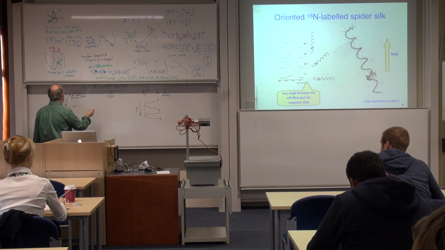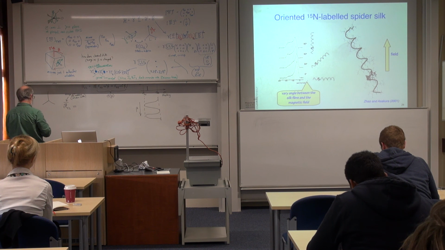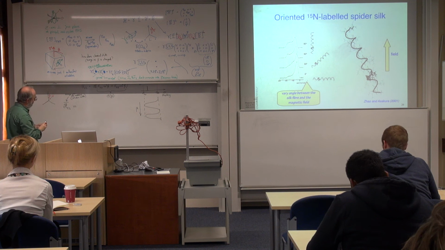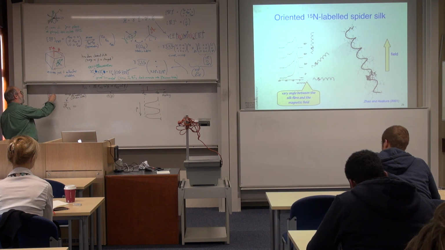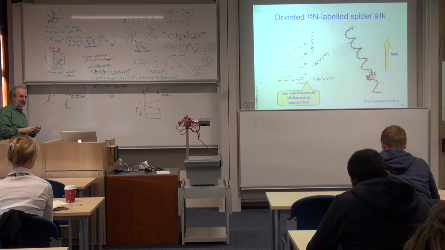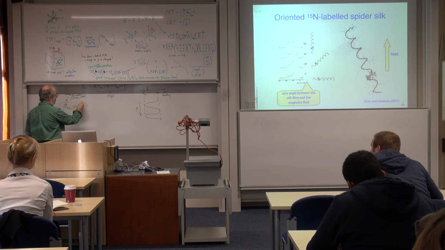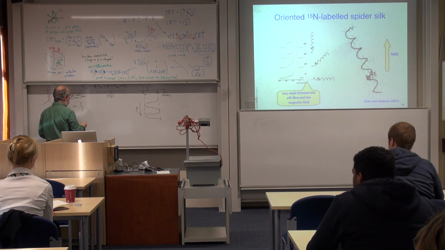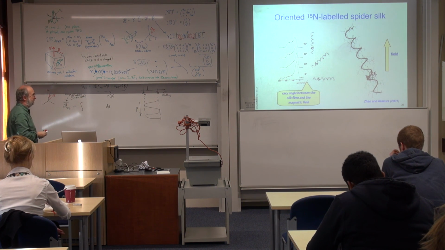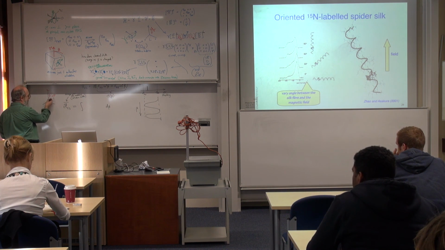So you have this angle beta, which is the angle between the z-axis of the principal axis system and the laboratory frame. And what we want to do is average over all values of beta. And beta can go from 0 to pi.